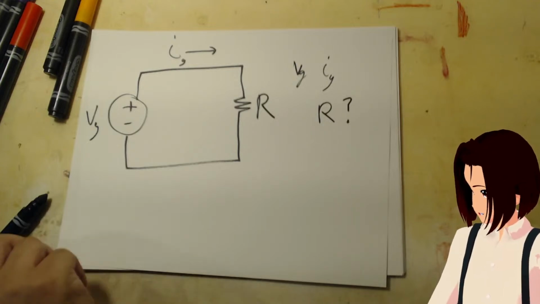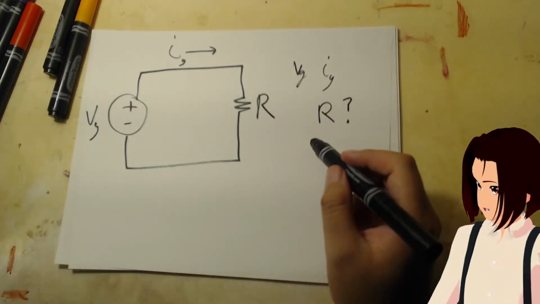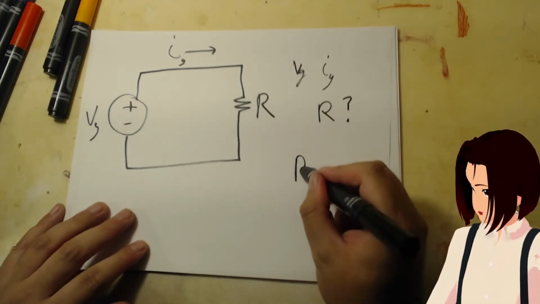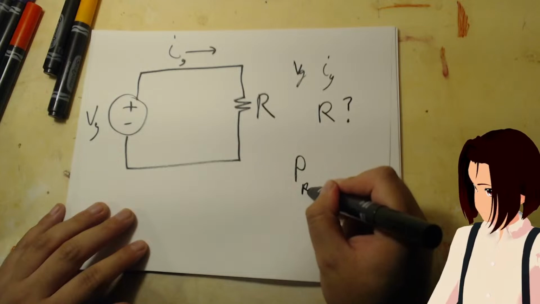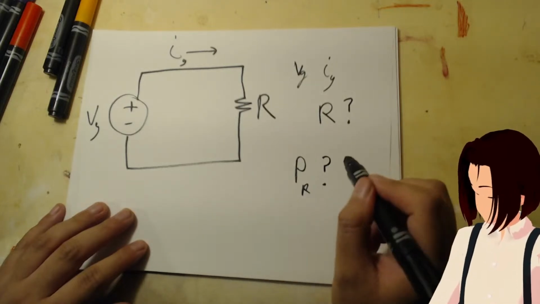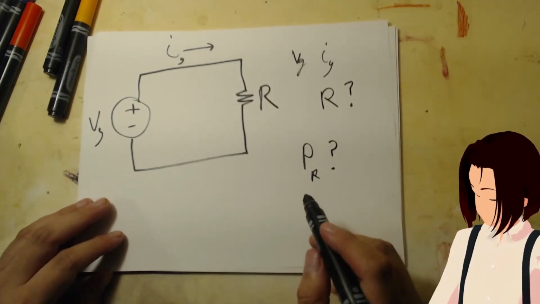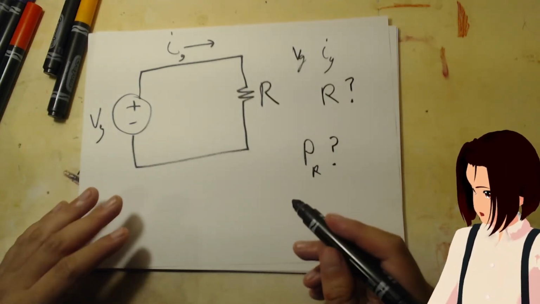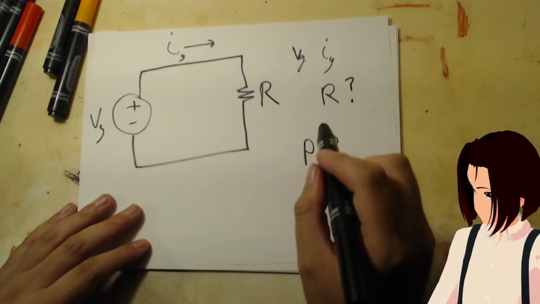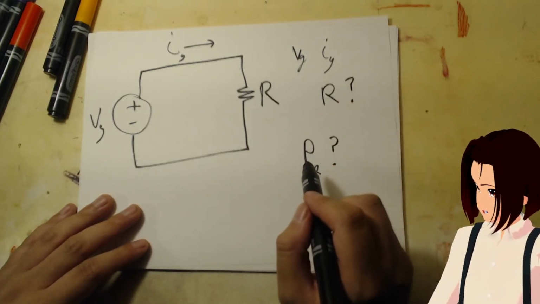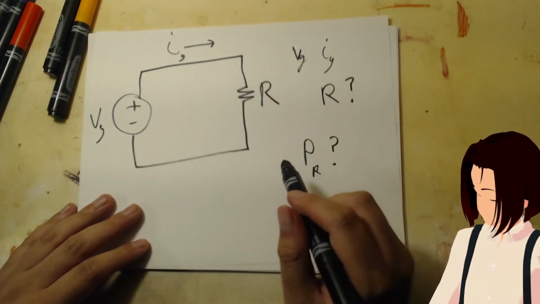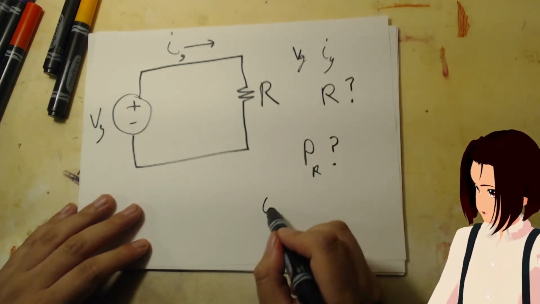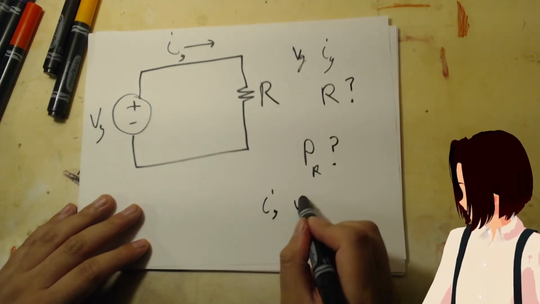So what we would like to know is, how can we find R, the value R, and how can we find the power of R? And the other thing we want to know is that if we have a value for R, and if we have a value for the P of R, which is the power delivered to R, we would like to know what would be the IG and the VG.